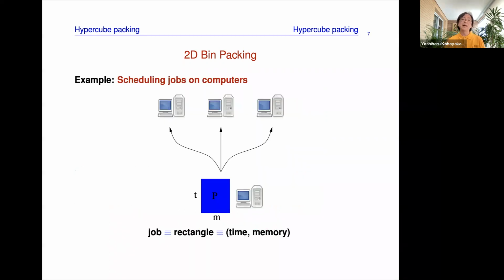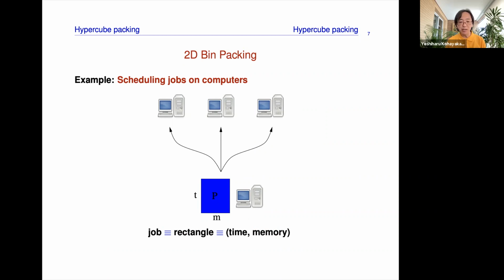Now, there is motivation to do this in 2 dimensions, or perhaps even higher dimensions. You could think of a process, this blue thing in the bottom, with a P inside. It's a process, and this process takes up m units of memory, and let's say it takes time t to finish.